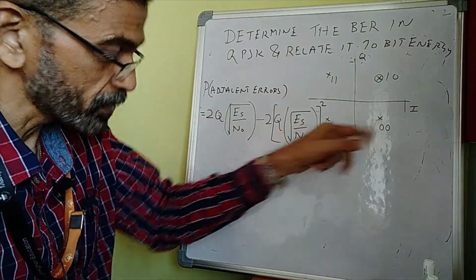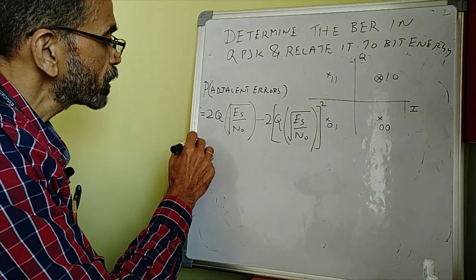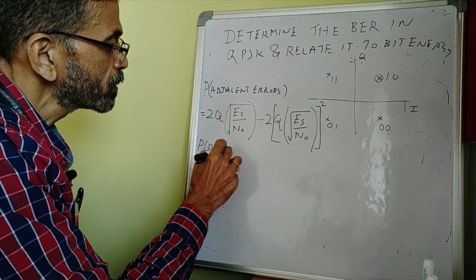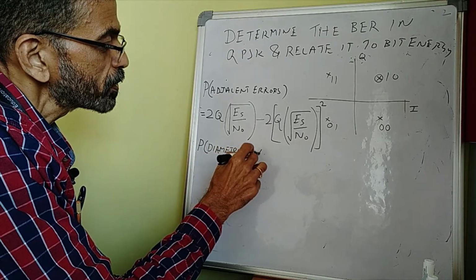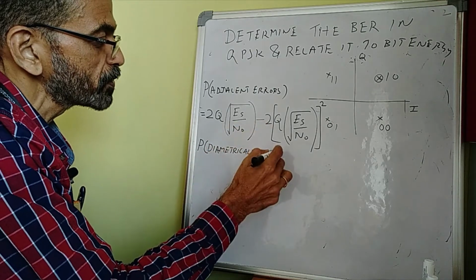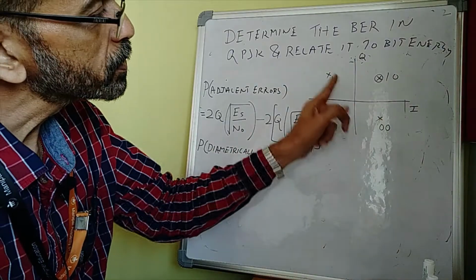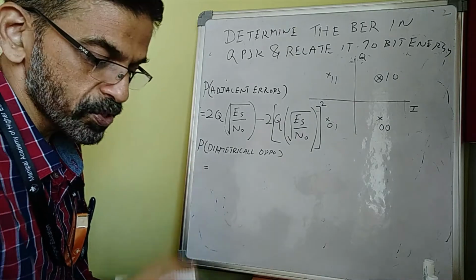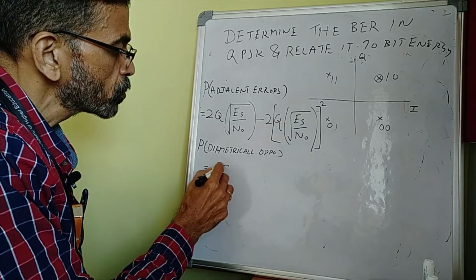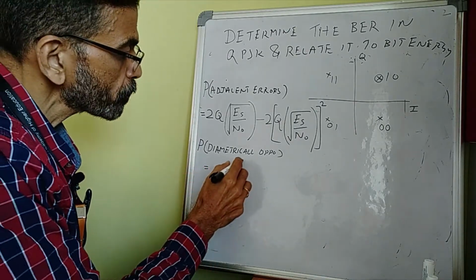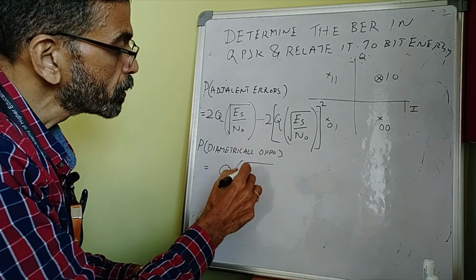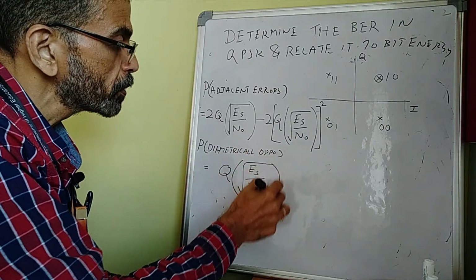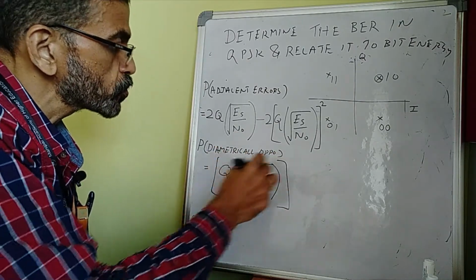And the other type of error, which I call the diametrically opposite type of errors, the probability of such errors occurring is Q root Es by N0 the whole square.